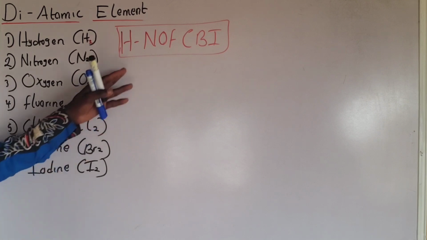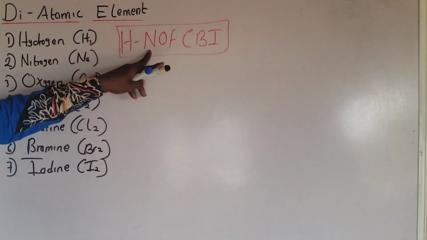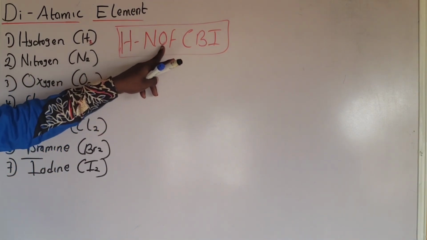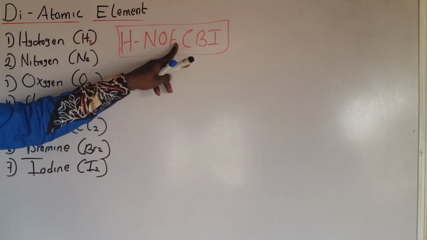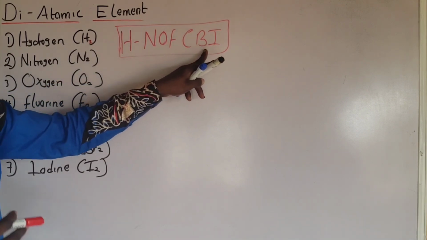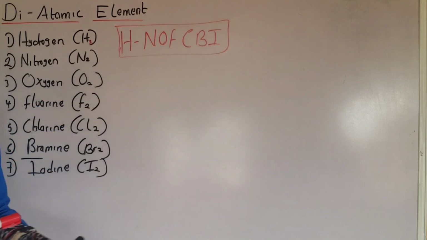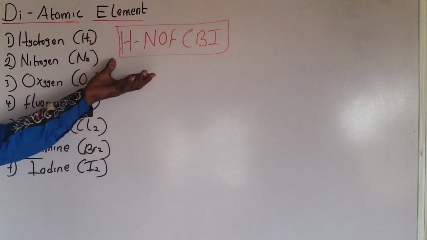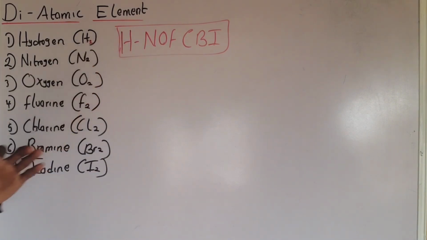H stands for hydrogen, N stands for nitrogen, O stands for oxygen, F stands for fluorine, C stands for chlorine, B stands for bromine, and I stands for iodine. This is just a mnemonic device that you can use to remember all these diatomic elements.